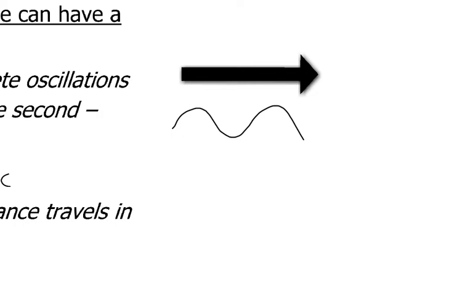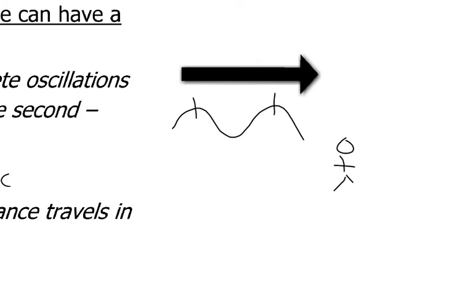Let's suppose that you are standing right there, just a little stick figure guy, and the wave is coming past you, like so, this way. Obviously you wouldn't see the wave looking like that unless it's a water wave, but in any case, the wave is coming past you, and the number of complete oscillations, so say from the crest to the crest, that's one complete oscillation, or one wavelength.